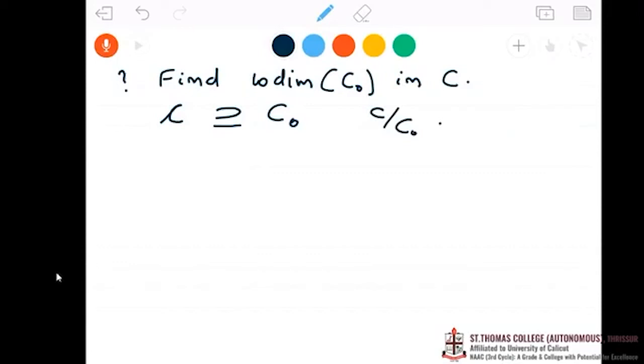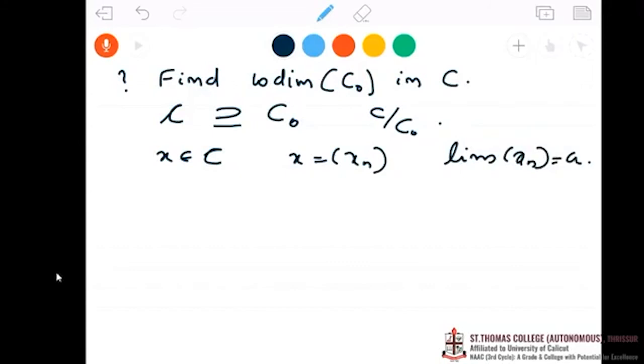For that, I am taking an x from c. This x is a convergent sequence. If it is a convergent sequence, it will have a limit, and I am calling this limit a. Now think about the sequence a, a, a, etc., the constant sequence a.